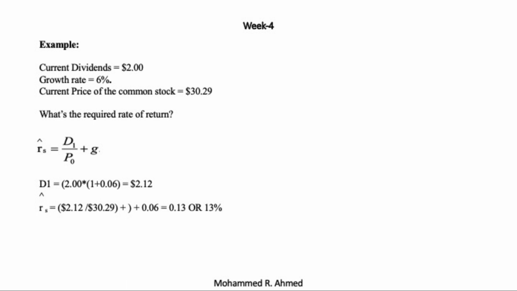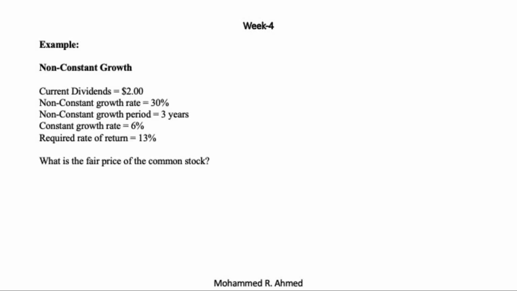Now we are going to use the formula. $2.12 is the dividend, $30.29 is the price. We divide that, then whatever the product we get, we add that to the growth rate, which is 0.06. That will give us 13%. So the required rate of return for the common stock is 13%.